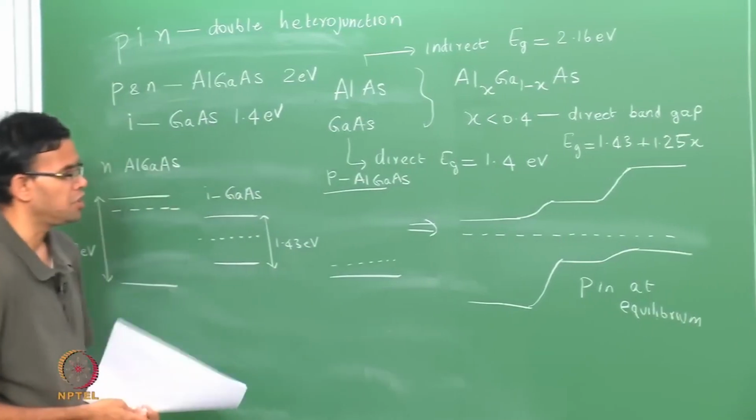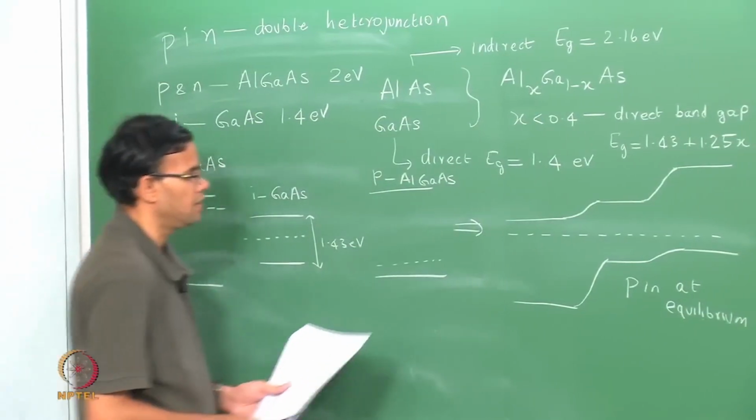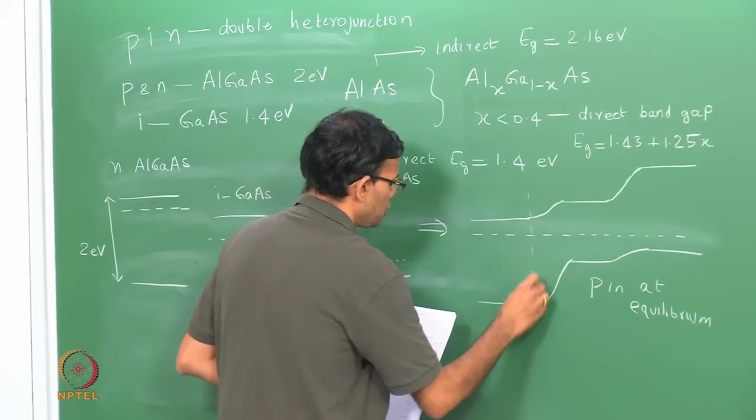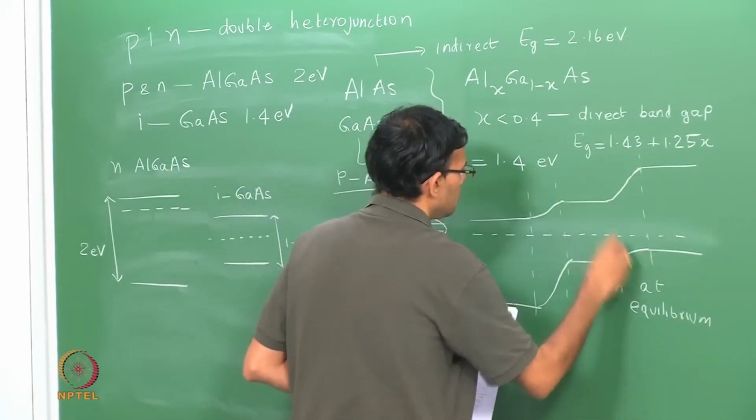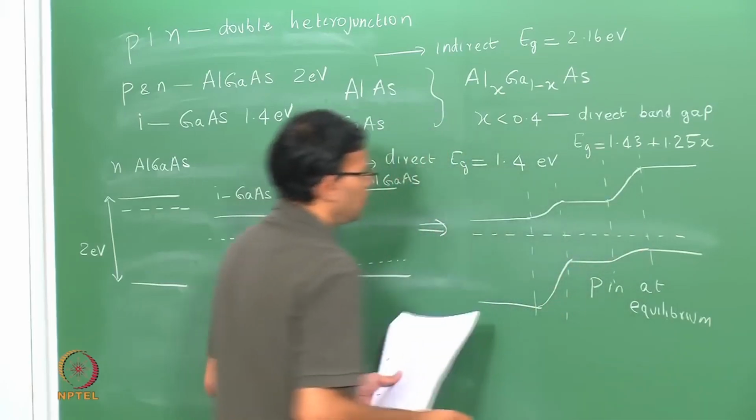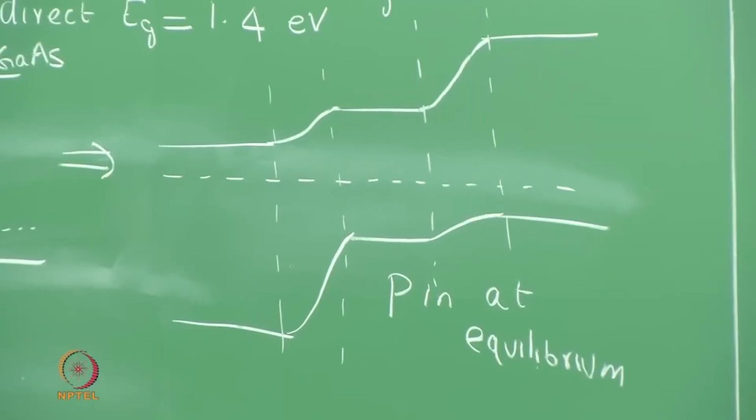Most of the depletion region will be within the gallium arsenide. So, these are your two junctions, and you essentially have two depletion regions.